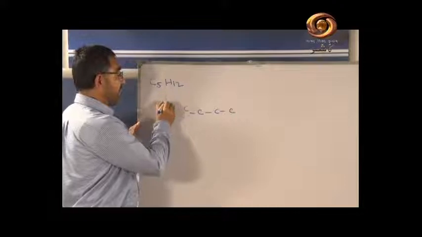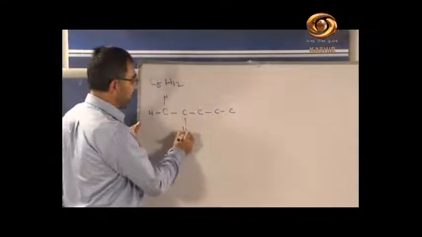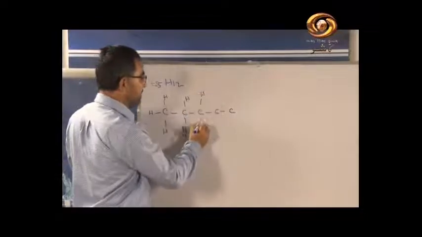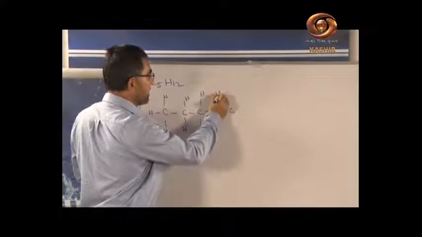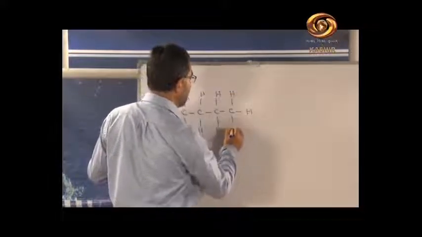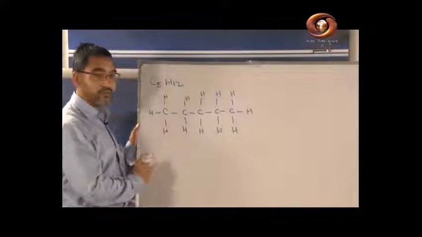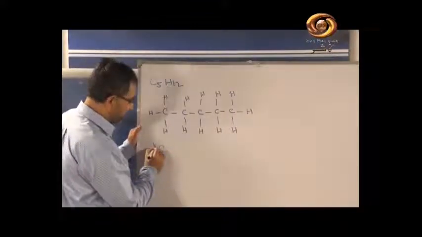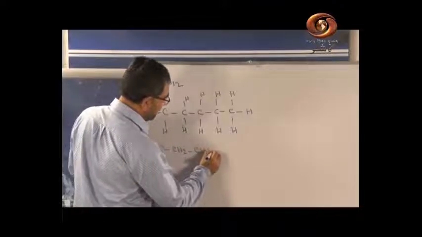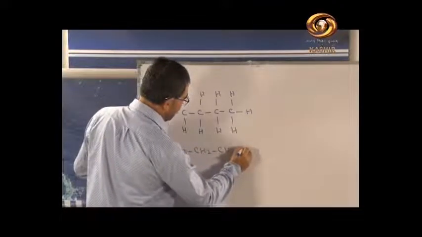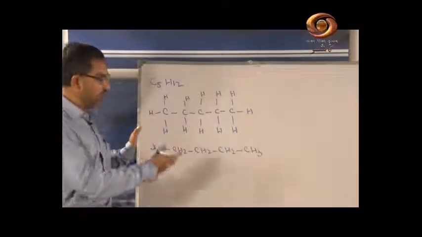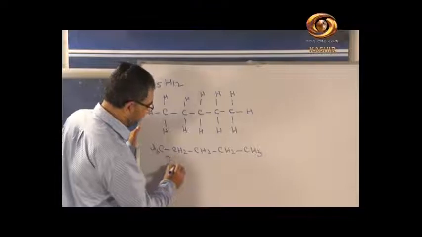And then the hydrogens, H, H, H, H, H, H, and H. If you write down the condensed formula, it is CH3, CH2, CH2, CH2, CH3. So it is normal pentane.